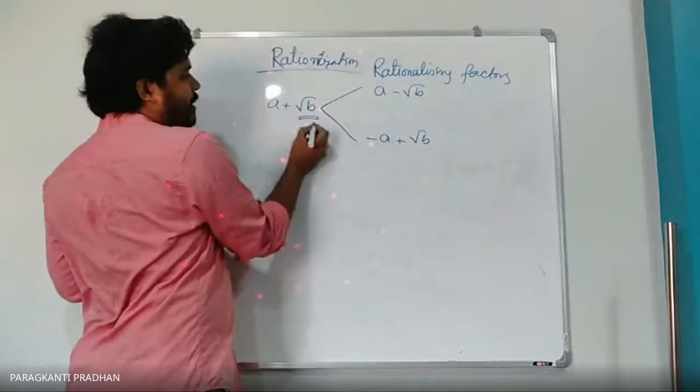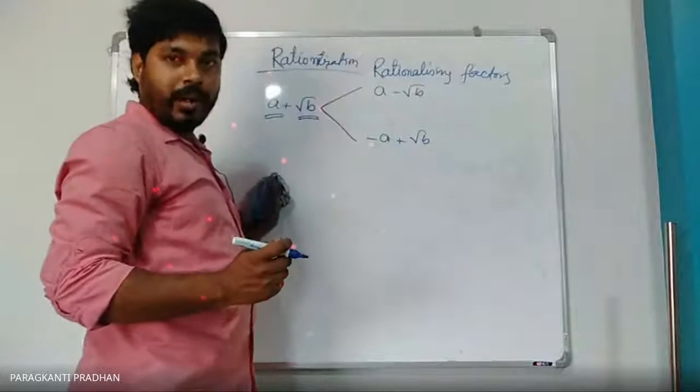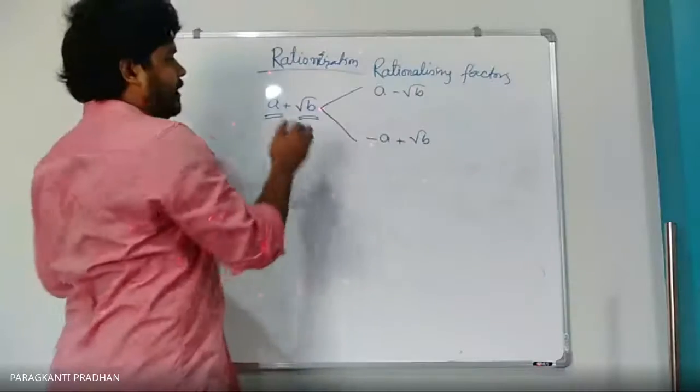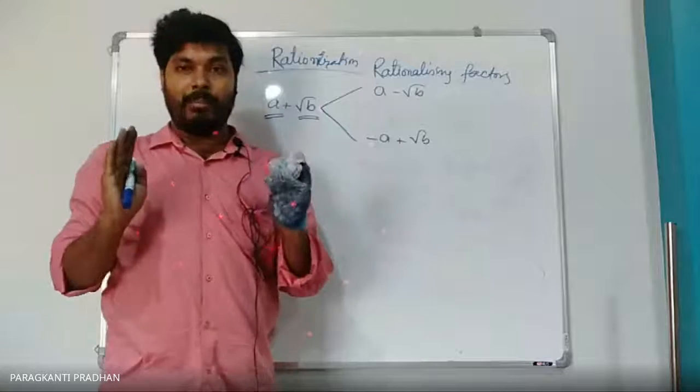If this value is a, this value is b, a plus b into a minus b. Is it clear, everyone? Sir, can you repeat? Soptika, yes. A plus root b is a standard irrational number.